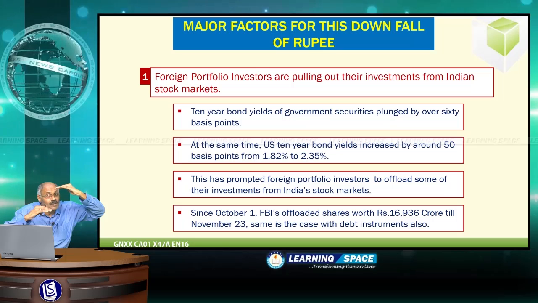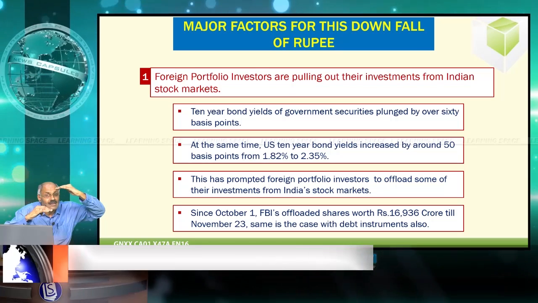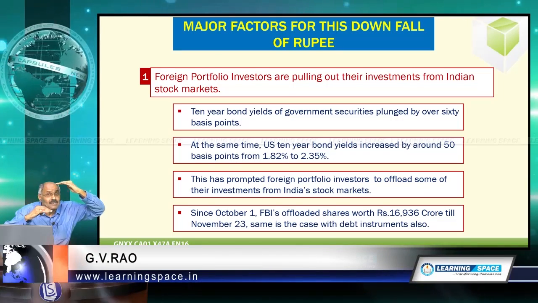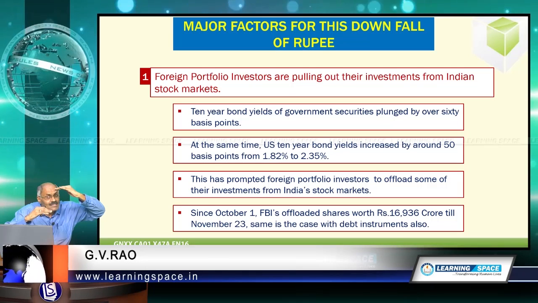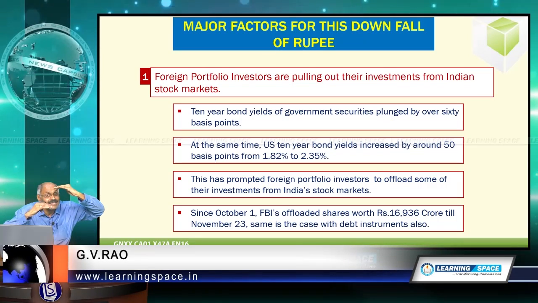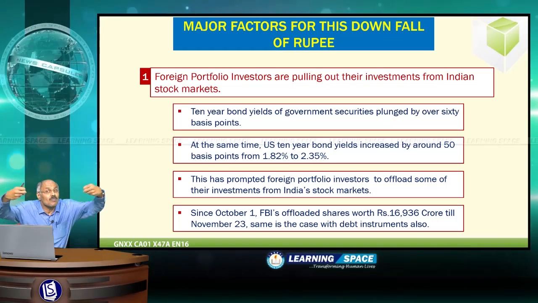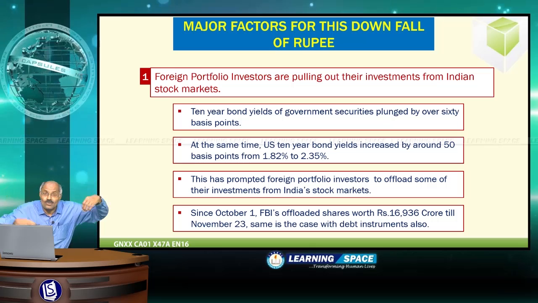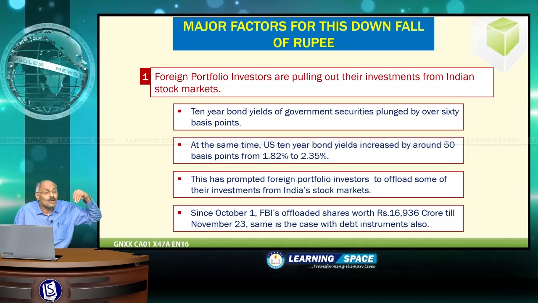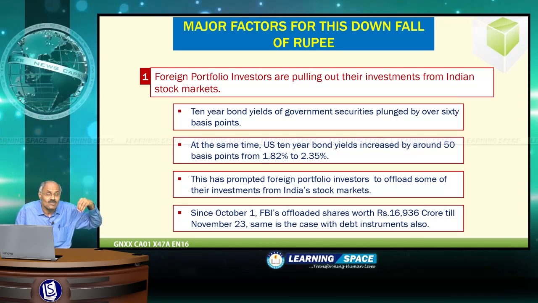I am talking about government securities. In our country, the interest rates on government securities reduced in recent times, whereas in United States of America, they increased. That's why they are pulling out money from our stock market, right? So under the circumstances, rupee depreciated in recent times, right?